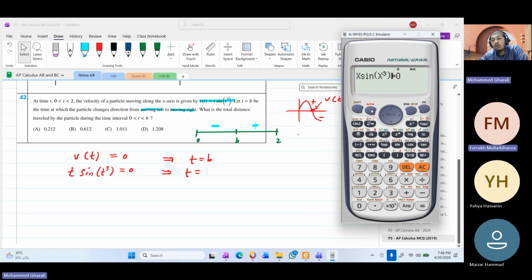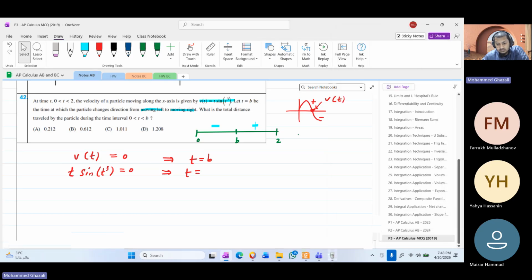Syntax error because you're pressing equals. You don't press equals. Because you're solving an equation, you press shift solve. So I'm getting 2.11. But we can't get an answer of 2.11.